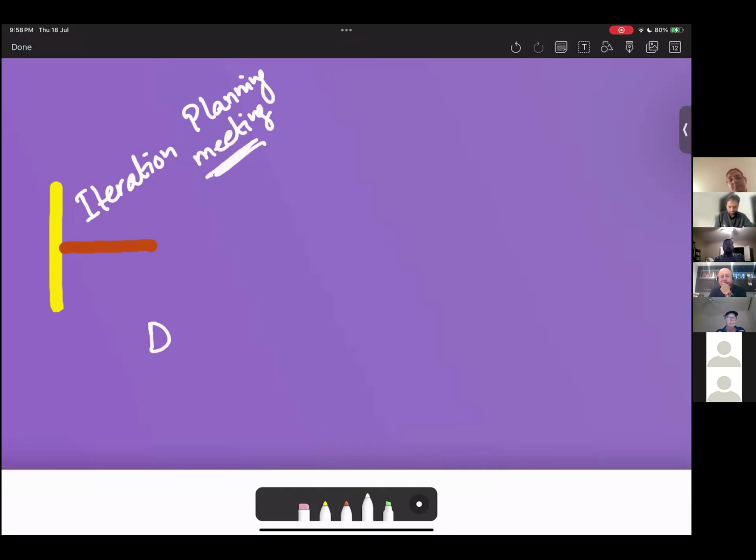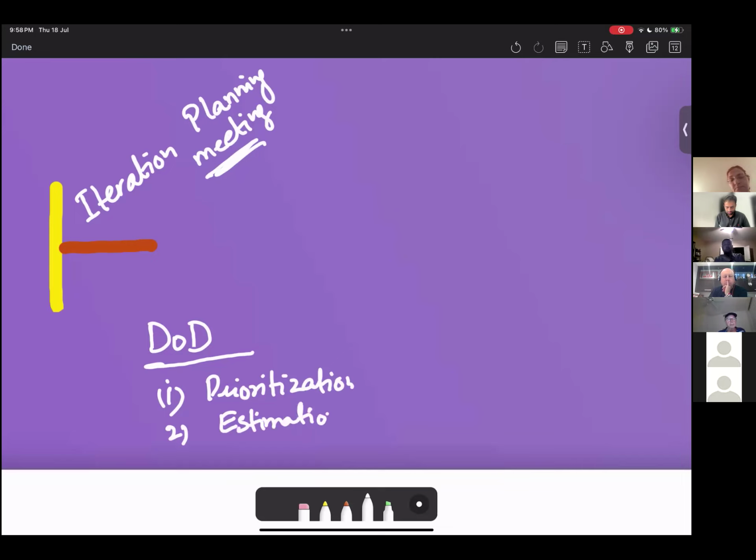What is DOD? From the team's perspective, what are the actions that we should take to consider that we have completed our work? So they write, okay, we have done prioritization. We have done, let's suppose, estimation. We have done development. Testing is done.